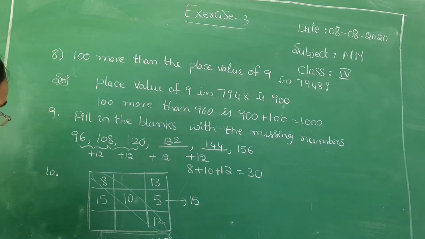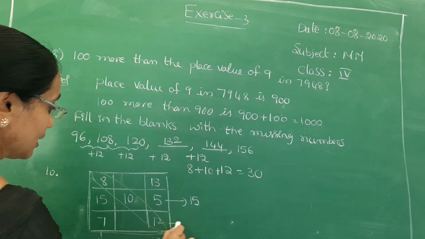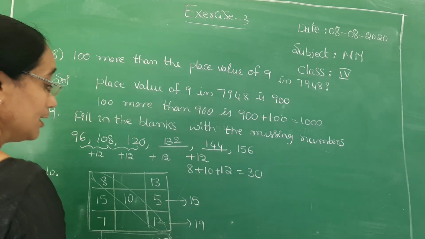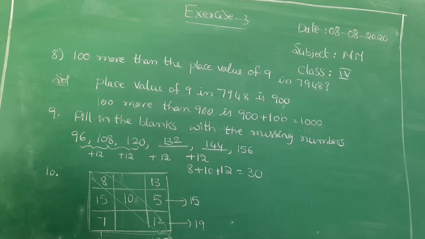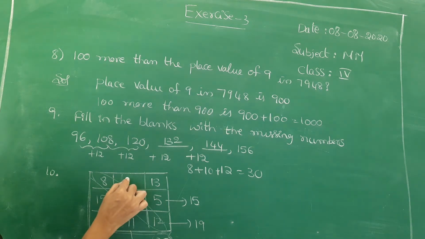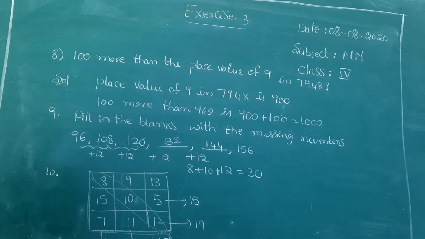How much should you add to 23 to make it 30? 7. See, 7 plus 12, 19. How much should you add to 19 to become 30? 11. See this is 10 plus 11, 21. How much should you add to become 30? 9. Okay. That is the completed magic square.